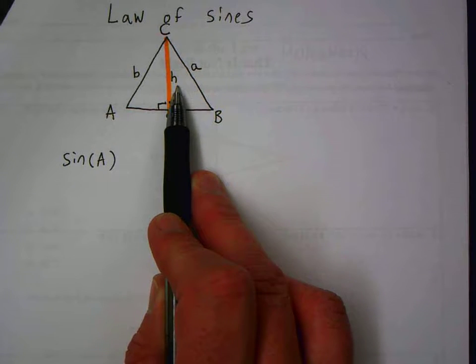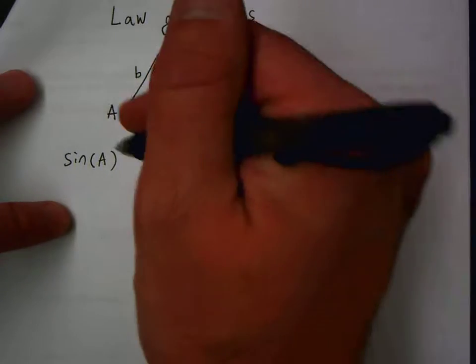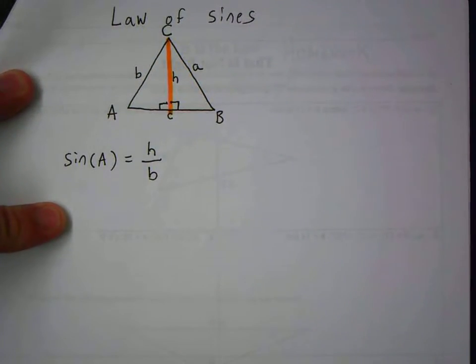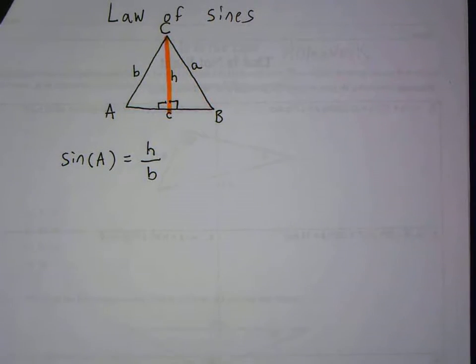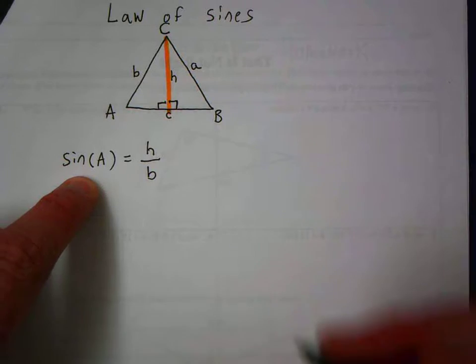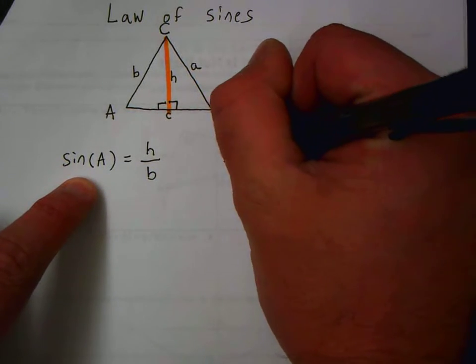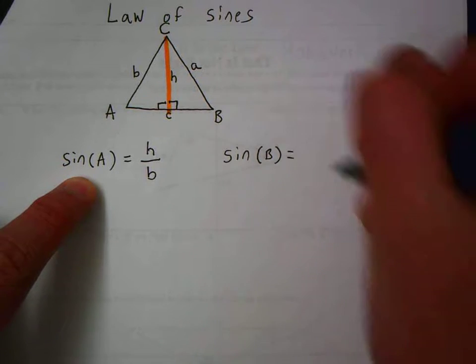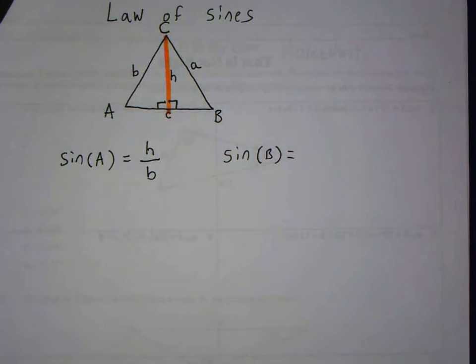H over b, right? Now, what would the sine of B be? H over a.